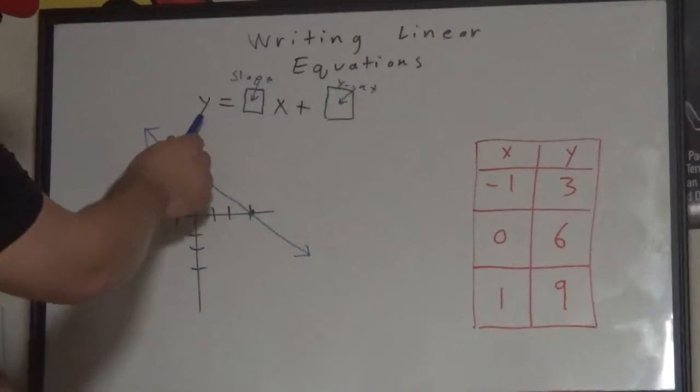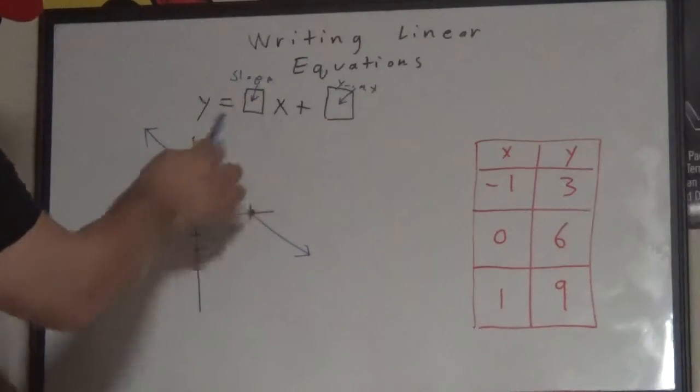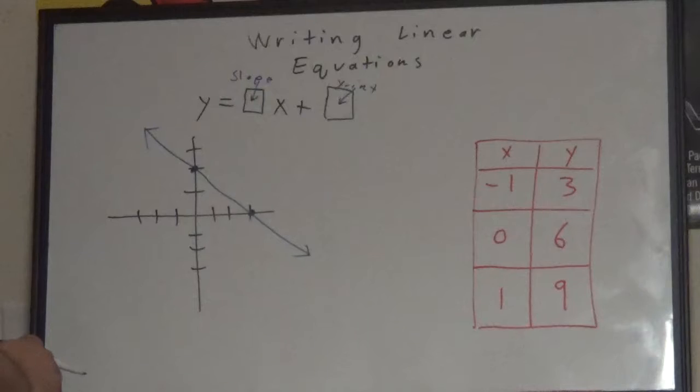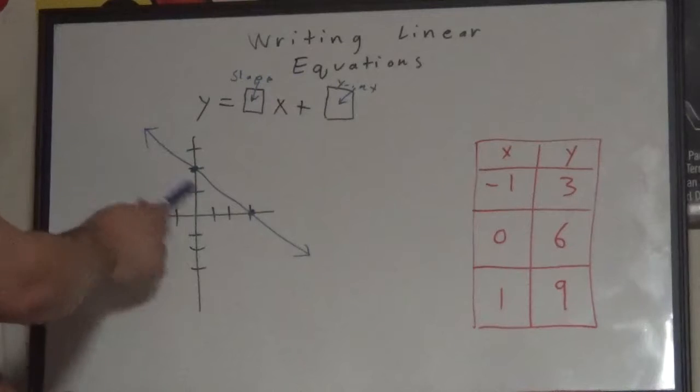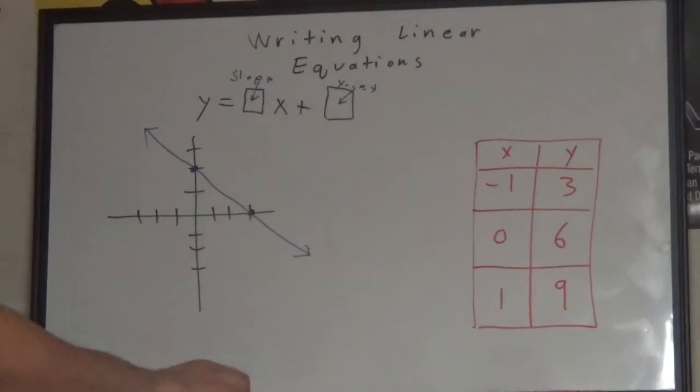In an equation, you always have the y and the x, unless, again, like I mentioned in the last video, when we have like y equals a number or x equals a number. But typically you always have the y and the x. So in this equation, the first thing we want to look at when you look at this graph is the y-intercept.